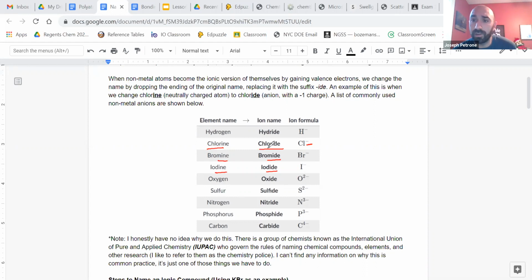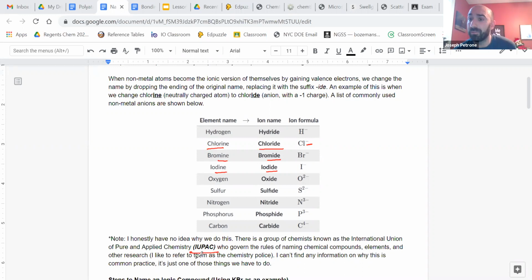If you ever get stuck on one, you can shoot it to Google, send an email, whatever. Now, to be fairly honest, I don't know why we do this. I've researched this to no avail as to any reason behind this. There's a group of chemists known as the International Union of Pure and Applied Chemistry, the IUPAC.